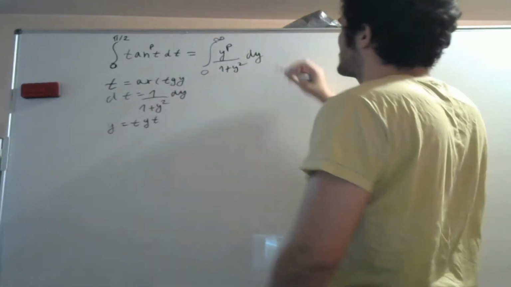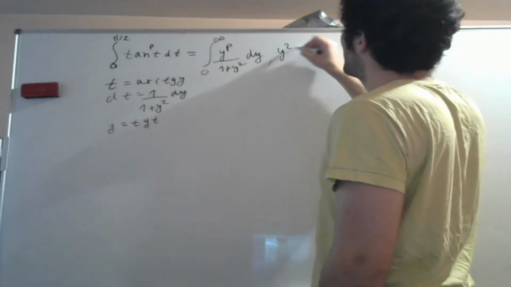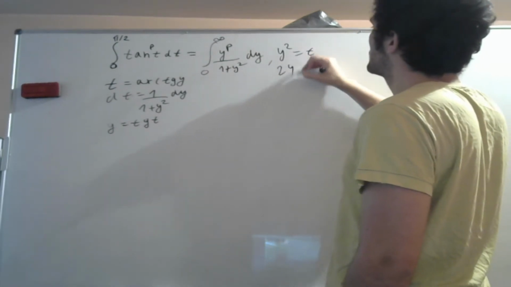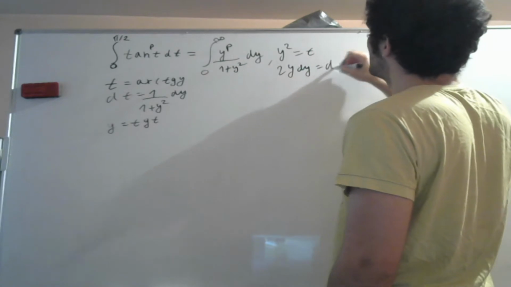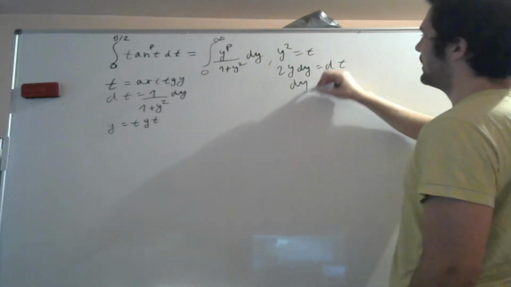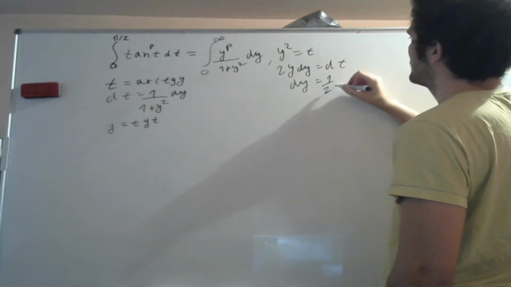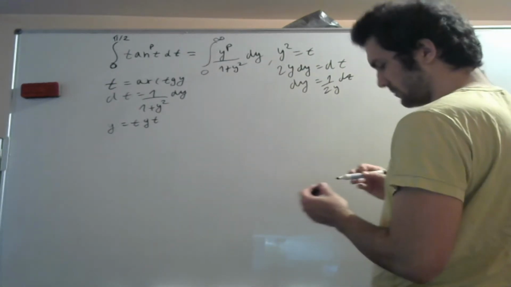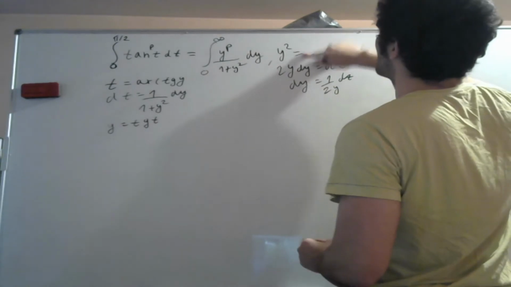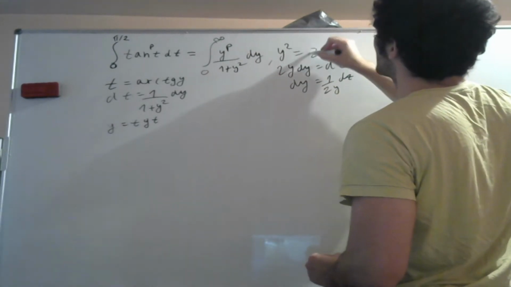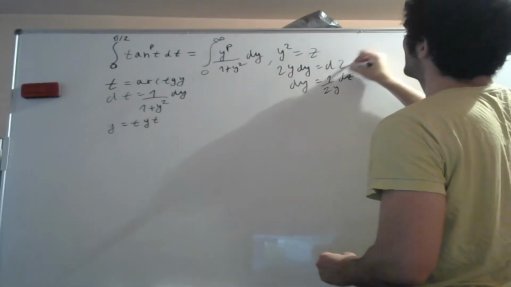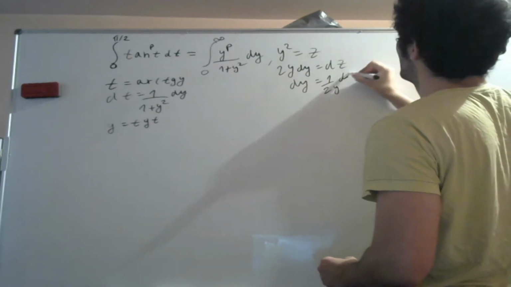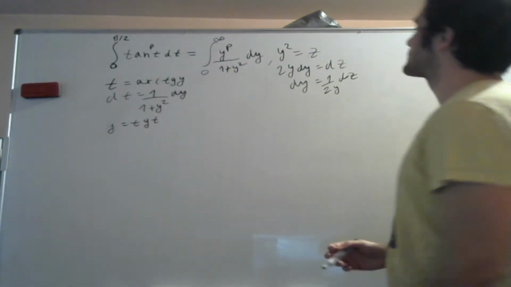Now we will introduce another substitution: y squared equals t, 2y dy equals dt. I mean, t wasn't a good letter since we already used t. Let's use z, for example. Yeah, now it looks better.